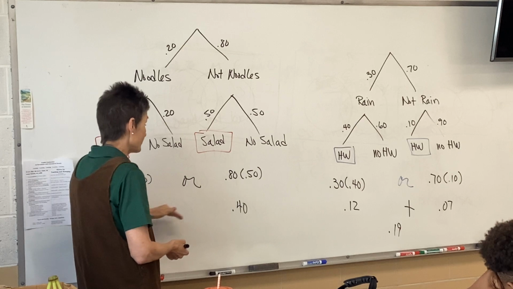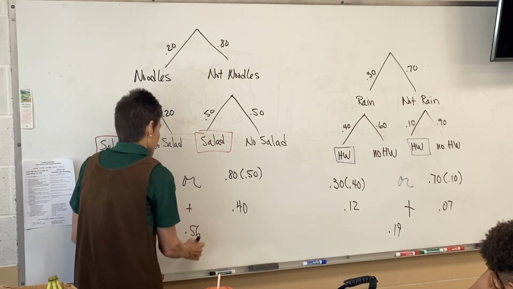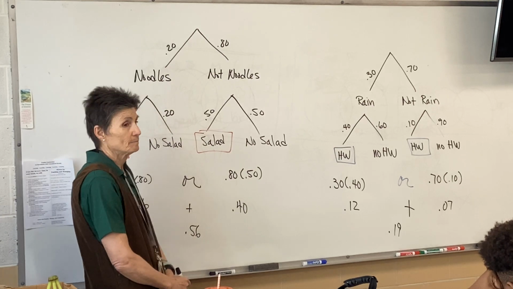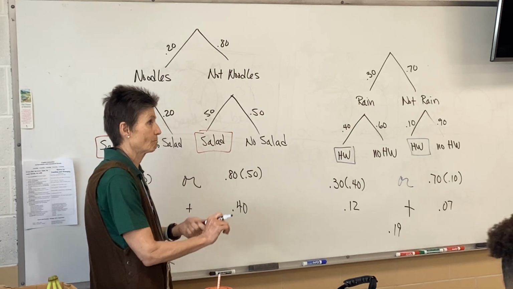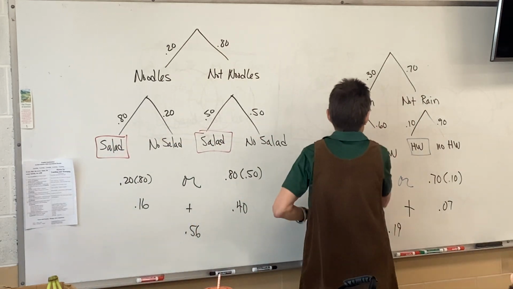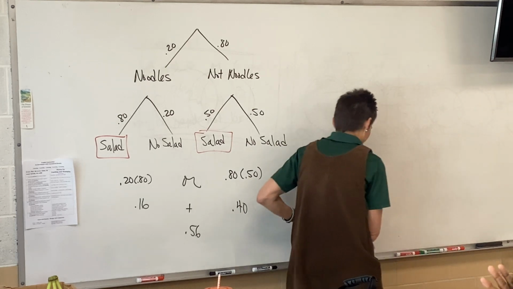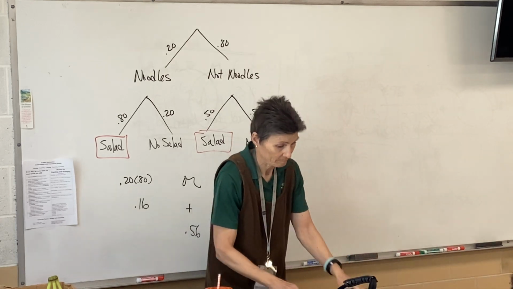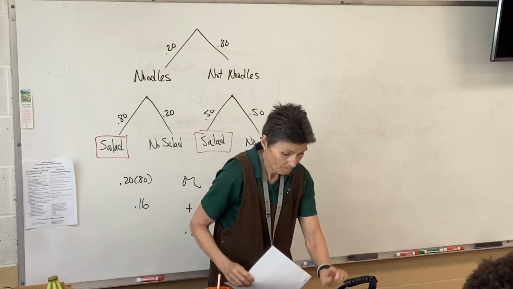And then what do we do with these two numbers? Add them, 0.56. All right? See if you can do question 9.